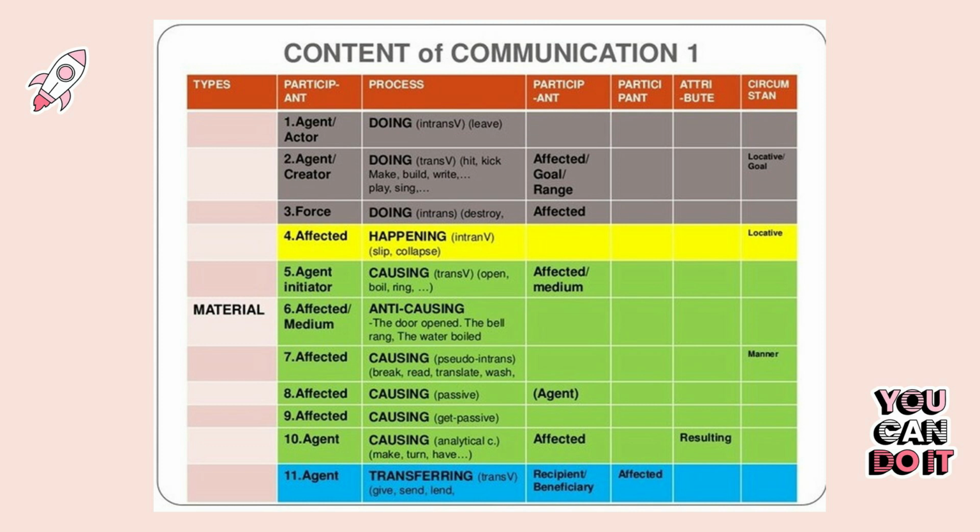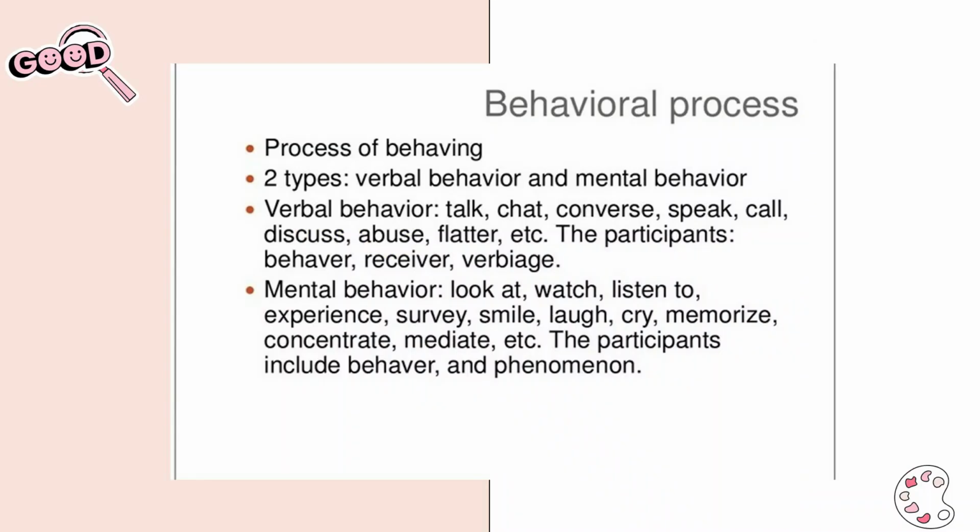Okay, that is the example of the content communication. You can see and read the example on the screen. And then the next slide is behavioral process. Process of behaving, there are two types, verbal behavior and mental behavior.